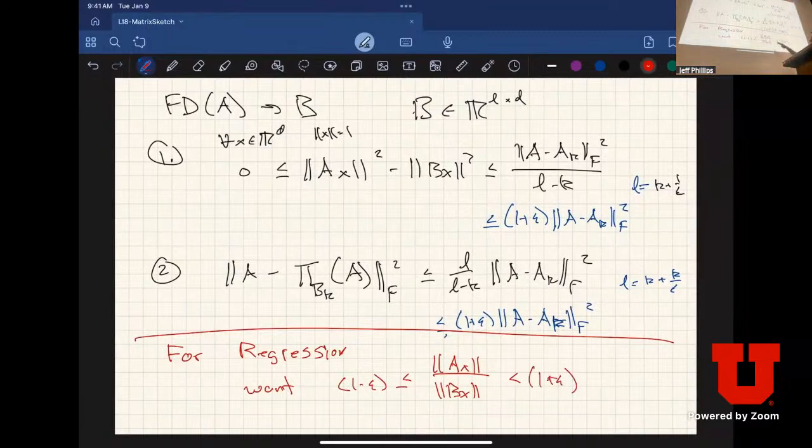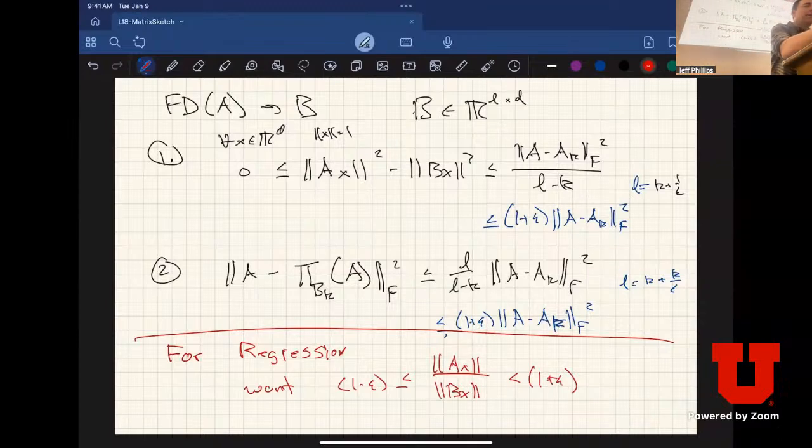Okay, I want a relative error here to get regression to work because with regression, I'm going to learn basically a direction in the d-dimensional space, which I'll project onto, and the value along there will predict my scalar value. And so I don't know if that's going to be in the null space of the top K or not. If I want to do principal component regression, I could do this. I could use the frequent direction bound, or it turns out ridge regression. But if I want to do regular regression, I need a bound like this, which is a little bit stronger.